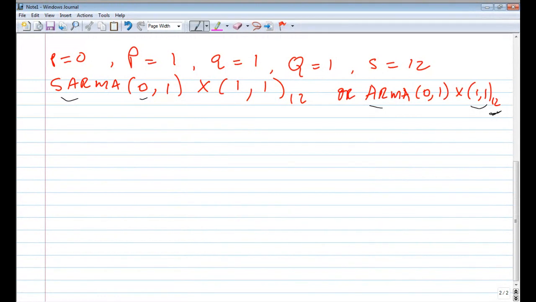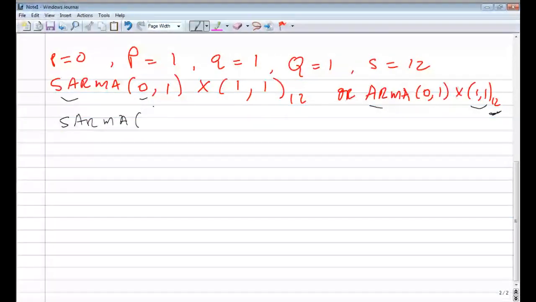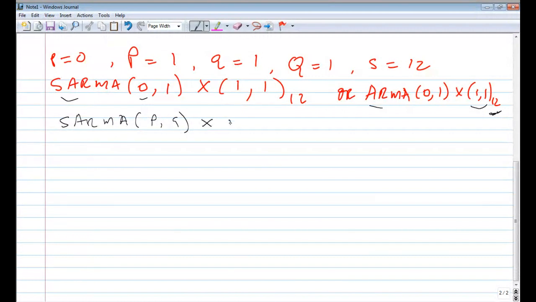So for SARMA, the general one is like this, if you still recall: (p, q) and (P, Q) with S. Here p is 0, so we don't have it. The rest is 1, 1, 1, 1.